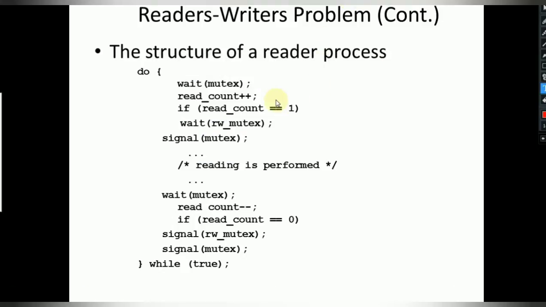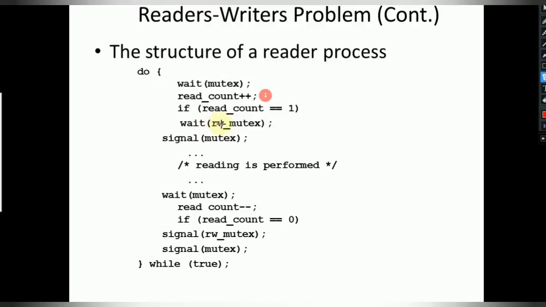So for the first time, when the read count is initially 0 and the first process, say process P1, tries to access the shared data, the read count becomes 1. If the read count is 1, it also runs wait read-write mutex.